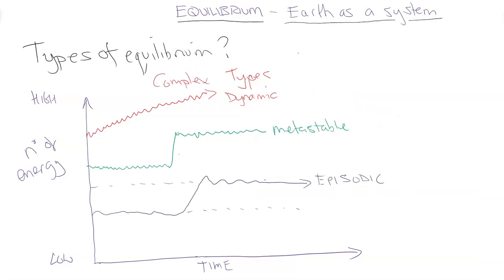The next complex type of equilibrium is episodic, so it goes through certain episodes, certain states, where again you have the threshold or two thresholds you see there, the dotted lines.